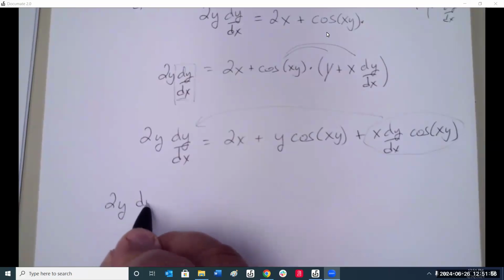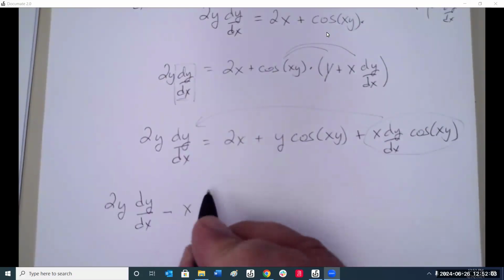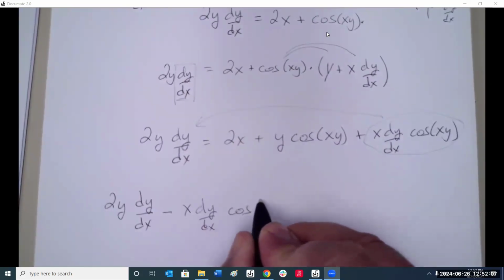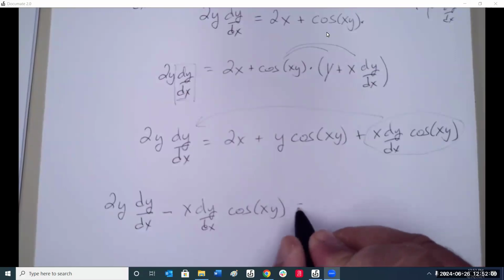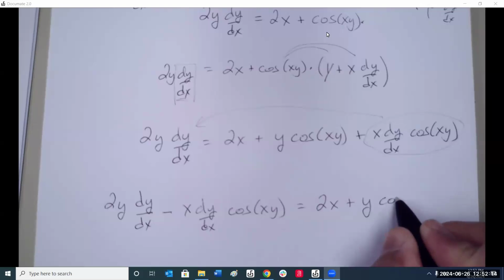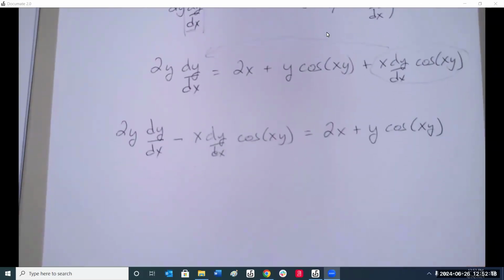So 2y dy/dx minus x dy/dx cosine xy equals 2x plus y cosine xy. Okay, we have all the dy/dx's on one side.